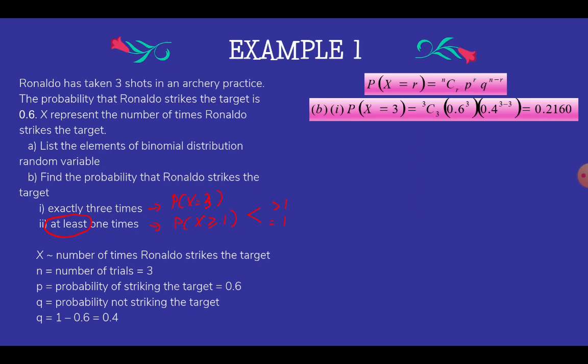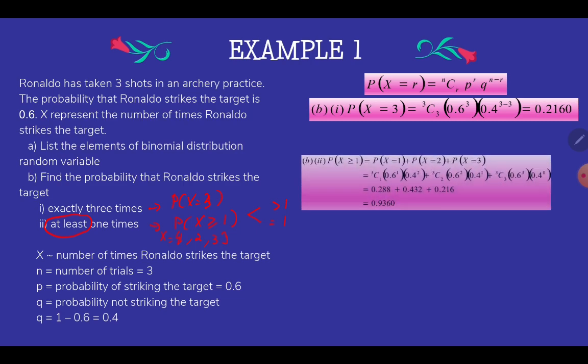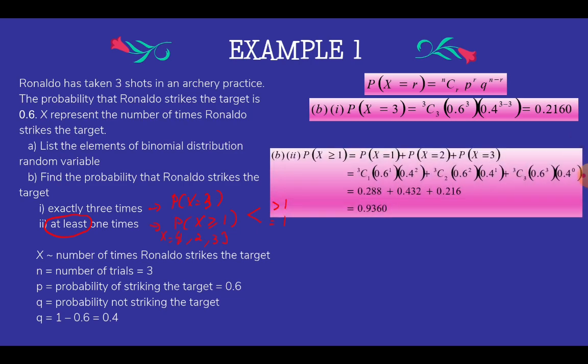Okay, how about B2? When we talk about X greater than or equal to 1, remember our n is 3. So what are the numbers included in X greater than or equal to 1? Of course, X equals 1, X equals 2, and X equals 3.